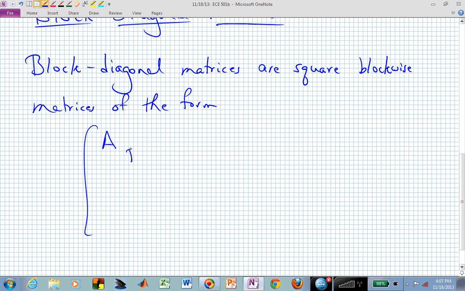It might be an A, a B, a C, all the way down to some K. And those are simply on the block diagonal of this matrix, with A, B, all the way to K.